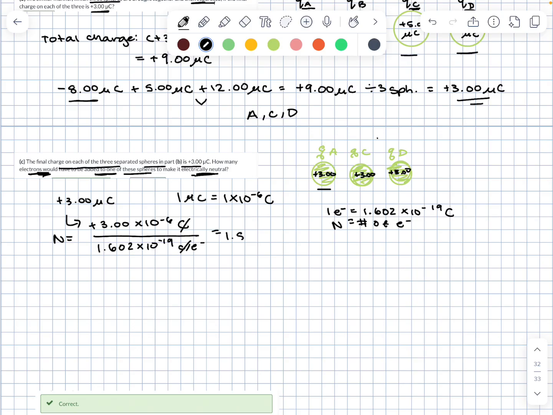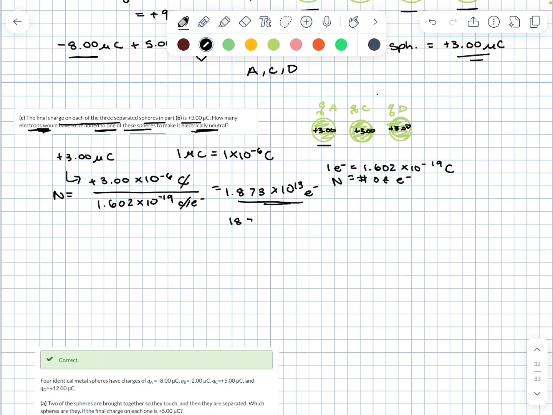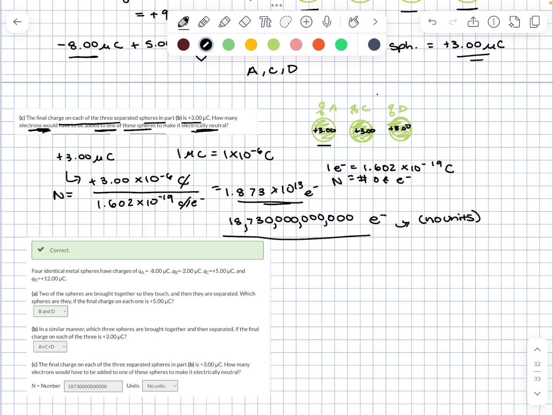So that results in 1.87, rounded, times 10 to the 13th electrons. And then we are left with this as our answer, electrons. Also, a note here is that electrons are non-units. So that's our answer, and then we're going to go ahead and check it. And it all checks out.